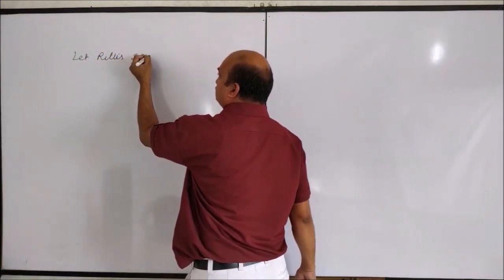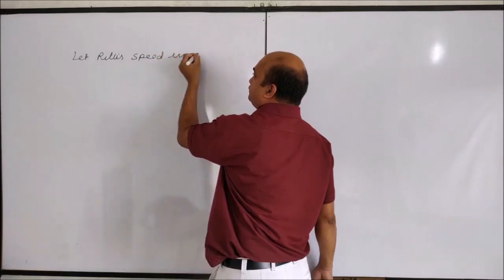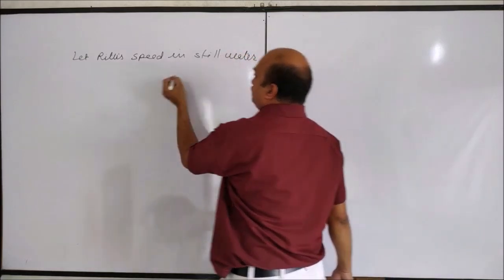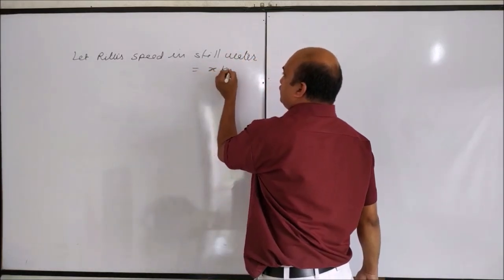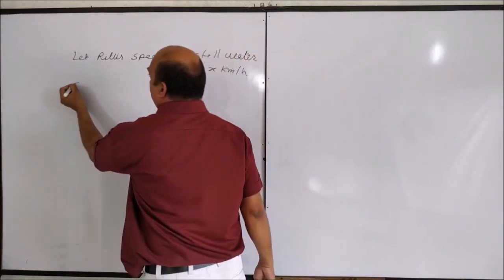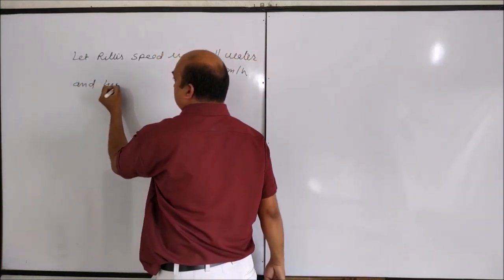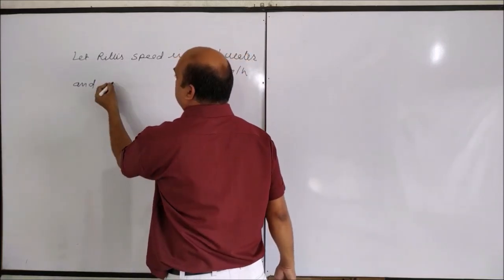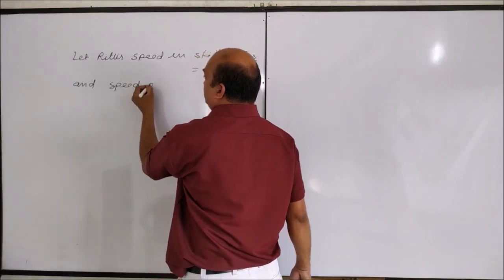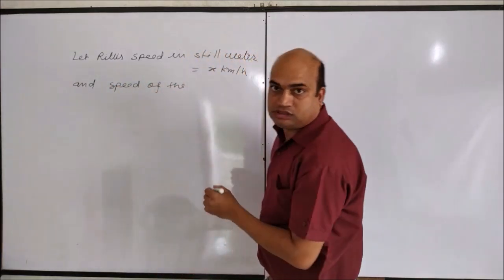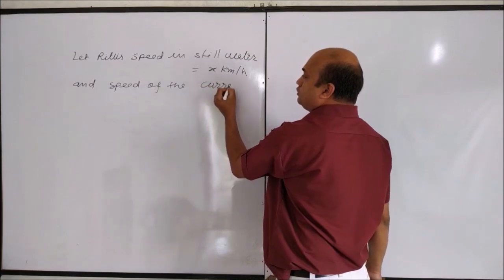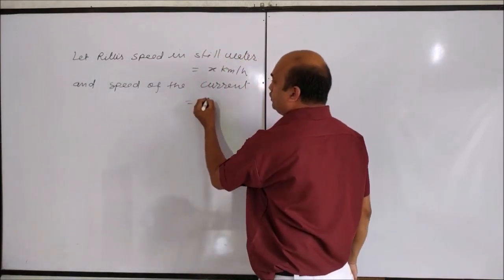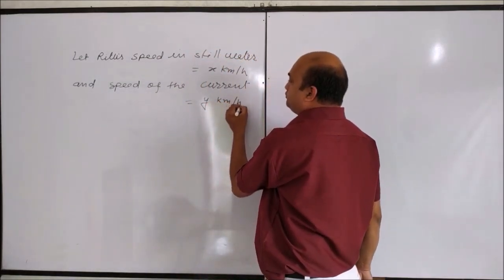Ritu's speed in still water is equal to x km per hour and her speed and speed of the current is equal to y km per hour.